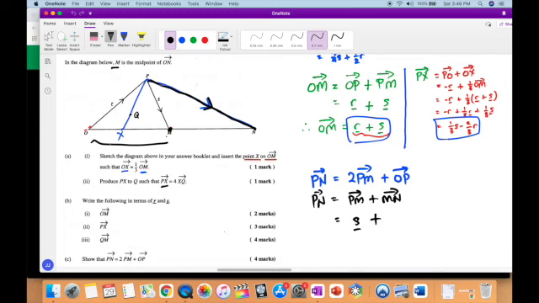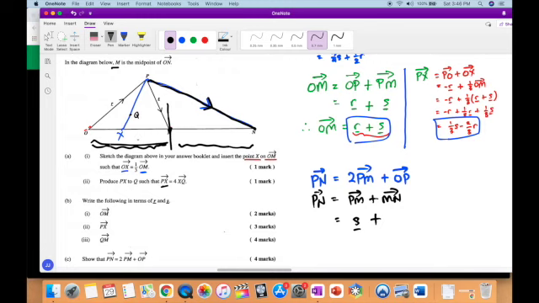M is the midpoint of ON. What does midpoint mean? Middle. And what does middle mean? You're cutting it, divide by 2, right? So ON being divided by 2, which means what? Doesn't it mean that this half is equal to this half?